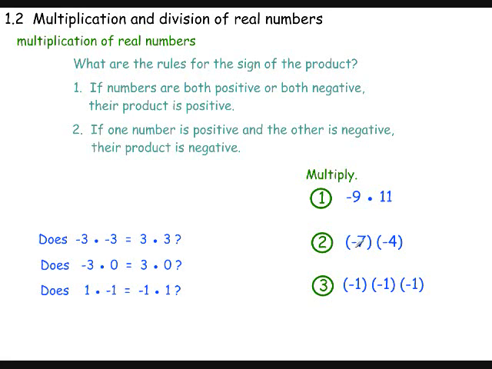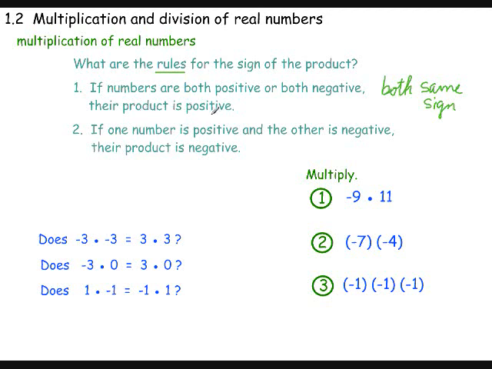Multiplication and division of real numbers. What are the rules for the sign of the product? If the numbers are both positive or both negative, what are we talking about there? They both are the same, or they both have the same sign.